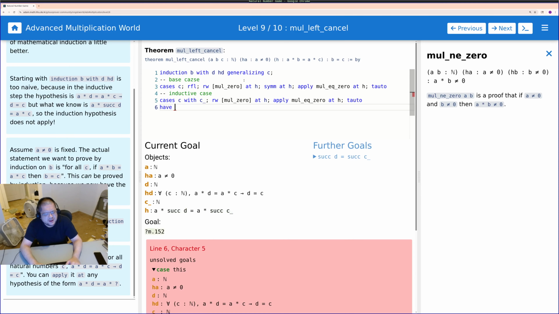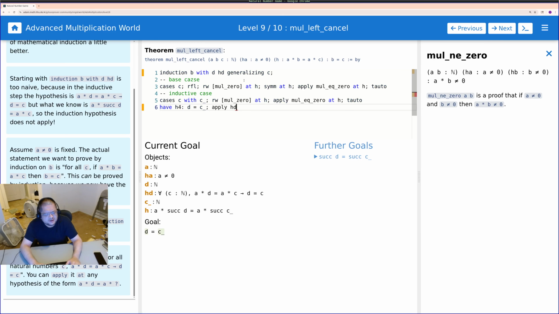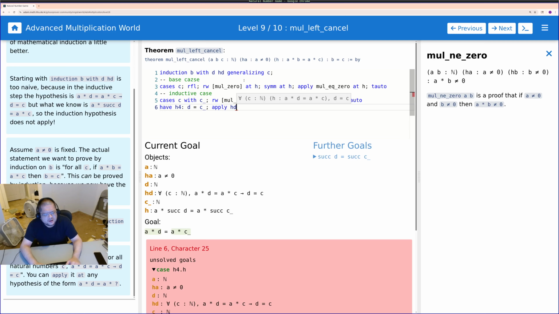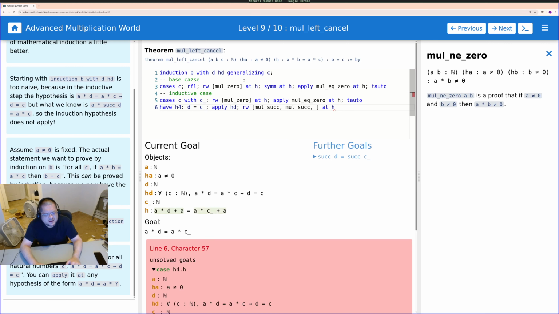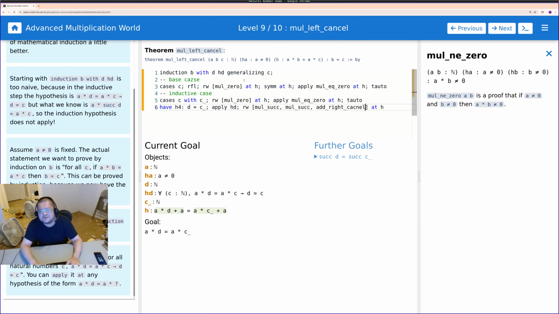We're going to claim that d equals c underscore, and then we're going to apply hd, and then we're going to get this out of h. So how do we get this out of h? We're going to do multiply by successor, multiply by successor, and then we want to cancel the a. So it's add, right, cancel.